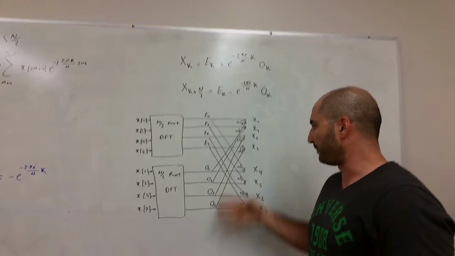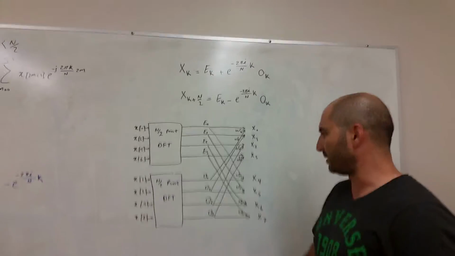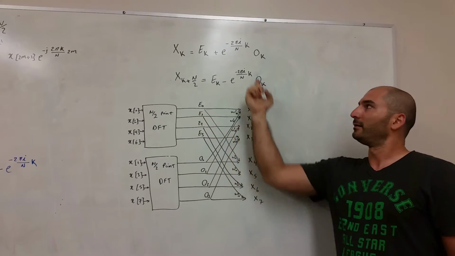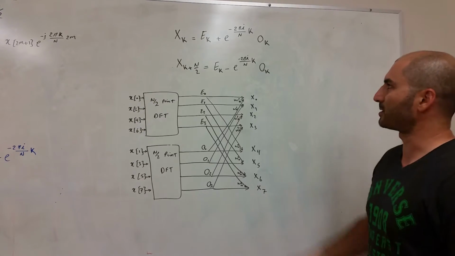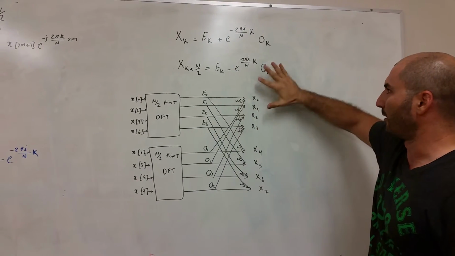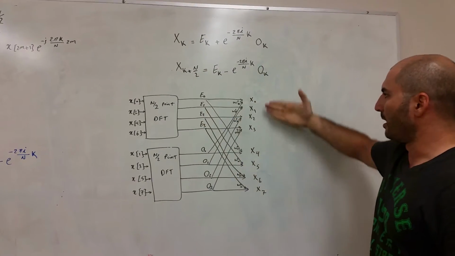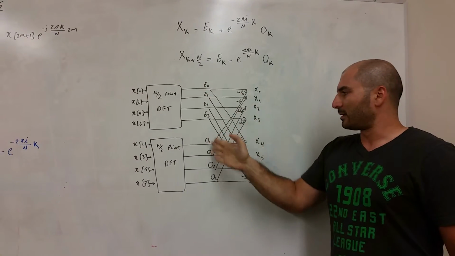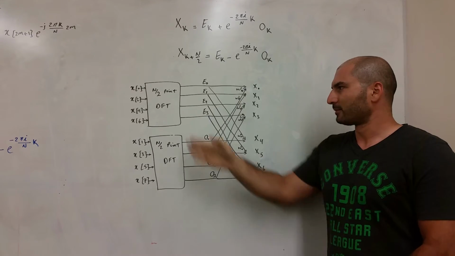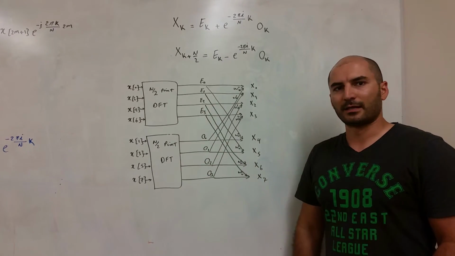Each half-point DFT gives me E0 to E3, and similarly for the odd ones. If I add them together, like with this, just keep in mind that the sign is different for k + N/2. I can calculate my X0 through X7 using only these two half-point DFTs.